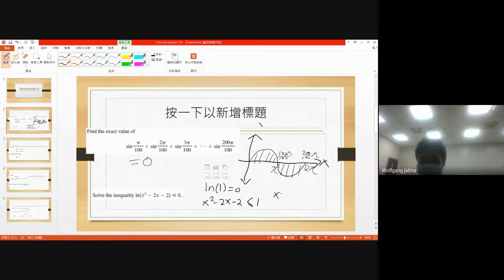So x squared minus 2x minus 3 is smaller than 0, with roots 3 and minus 1. Smaller than 0 is in between, so x must be between minus 1 and 3.